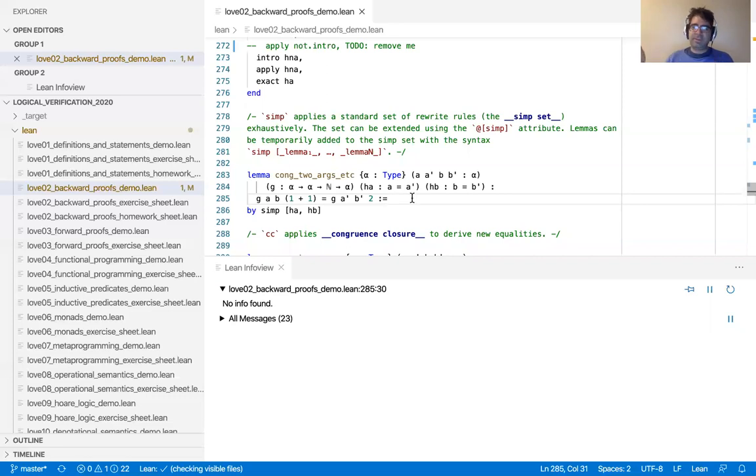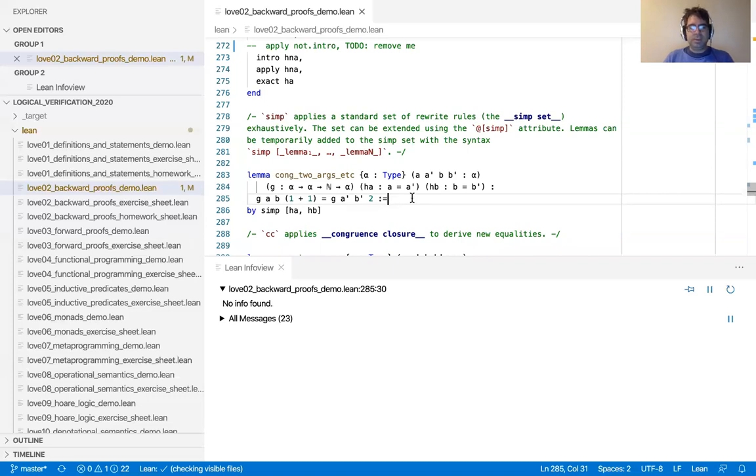It will exhaustively apply all the lemmas that you specify, plus a set of pre-specified standard lemmas about addition and other basic things that are in Lean. We can even register our own so-called simp rules using an attribute that's called @simp.